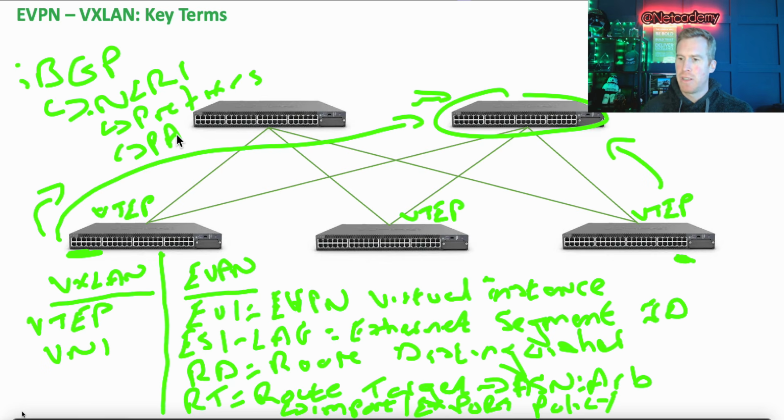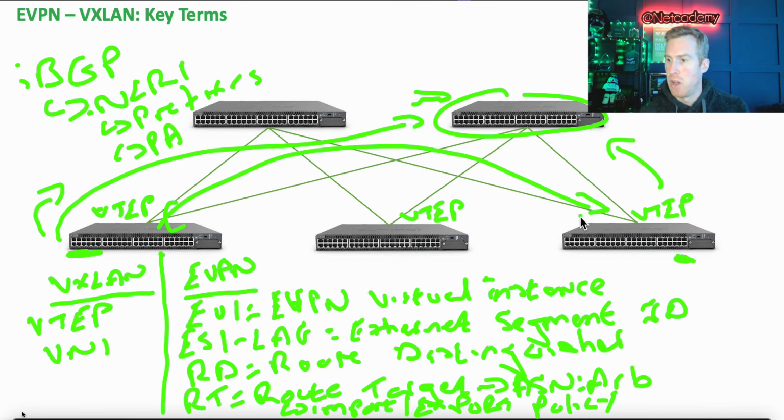EVPN is advertising this network layer reachability information, it is advertising these prefixes, it's advertising those path attributes to and from these different sources to the destinations, to and from and throughout the entire Ethernet Virtual Instance, or EVI. And the route targets allow those receiving devices to know if I'm importing this prefix, this NLRI, this is what I'm going to do with it.